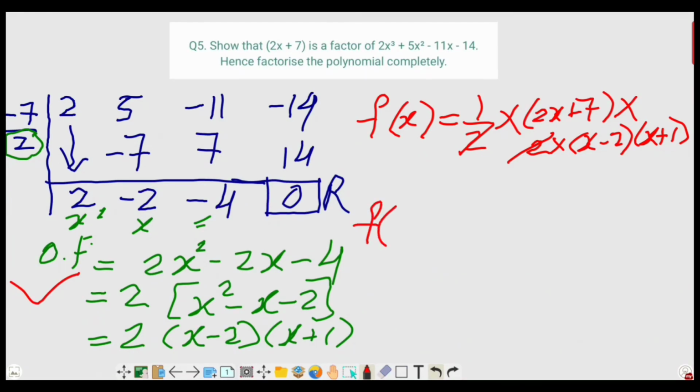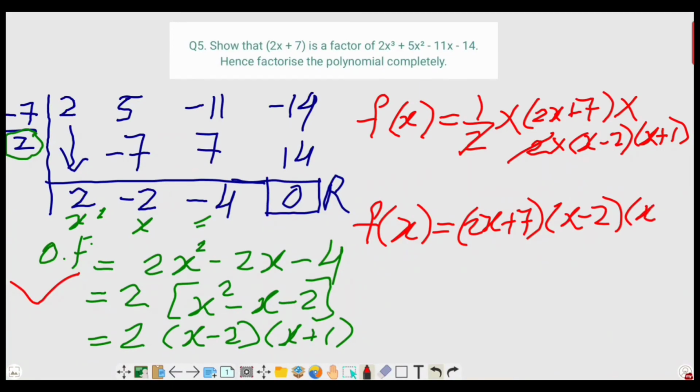So your f of x is the product of 3 binomials. One is 2x plus 7, then it is x minus 2, then it is x plus 1. So whenever the value of x is in fraction, you have to verify whether that denominator you are taking common here and that you have to take in fraction, then the final answer will be 3 factors.